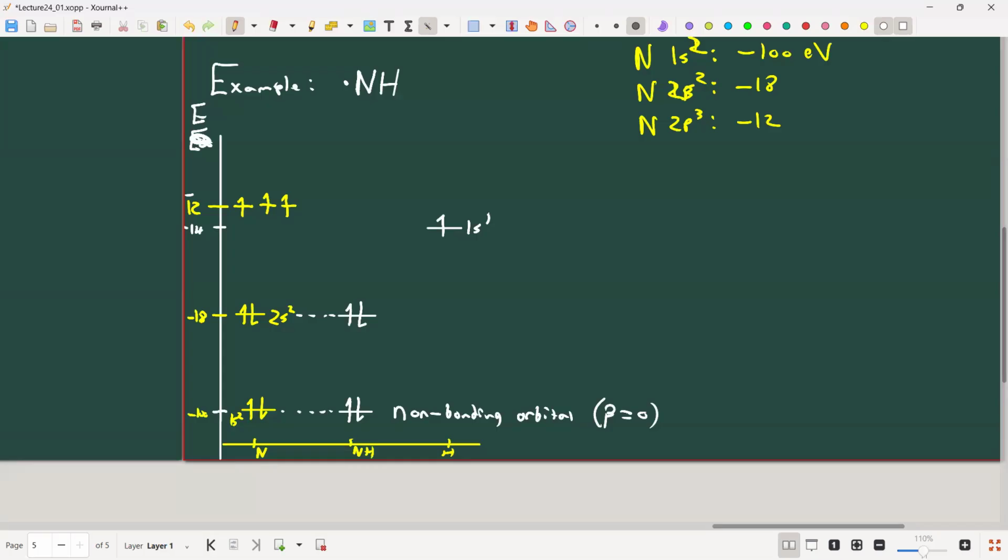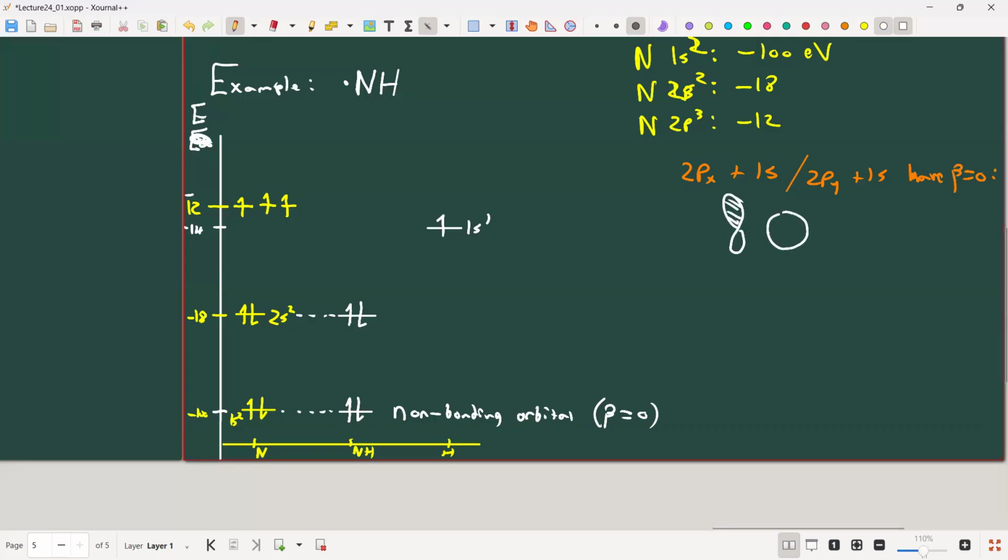We know roughly what they should do, because the p orbitals that are perpendicular to the bond, the x and the y, cancel out any spherically symmetric thing on the other side. Again, we don't have to worry about 2px plus 1s or 2py plus 1s. They have beta equals 0, because the orbitals look like this, and through the bond axis, we have a positive contribution and a negative contribution, and the total is 0.